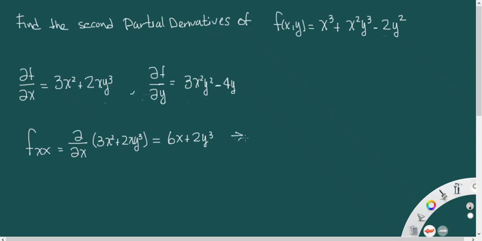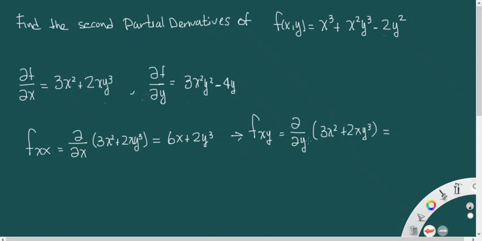Okay. Now let's calculate f sub xy, and this is going to be equal to the partial derivative with respect to y, in this case, of the one that we already have here, which is the one with respect to x, plus 2 times xy cubed.